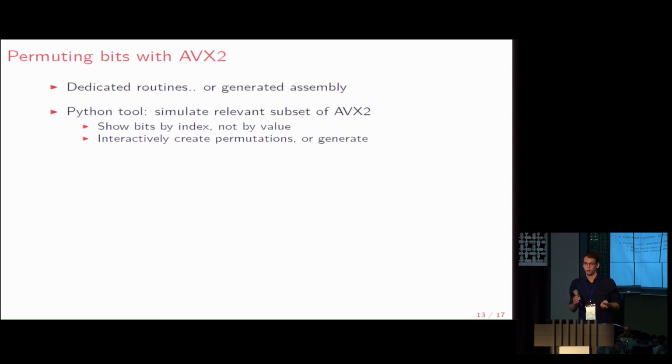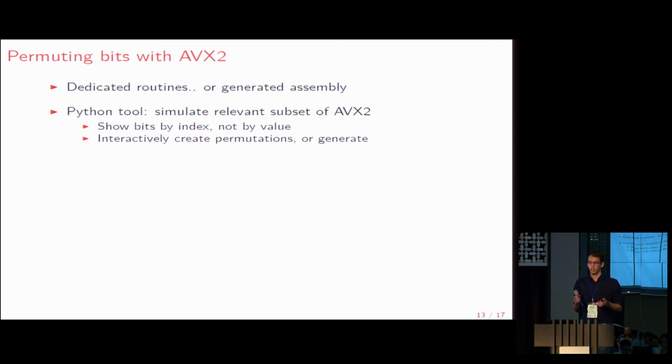So what we did is we wrote a Python tool that can simulate a subset of the relevant AVX2 instructions. Typically you would need XORs and ANDs and masks and those kind of things. But there's a whole lot of instructions that are completely irrelevant for permutation, so we leave those out. We now have this subset of AVX2 that we can interactively use and then see what this does to the permutation of bits.